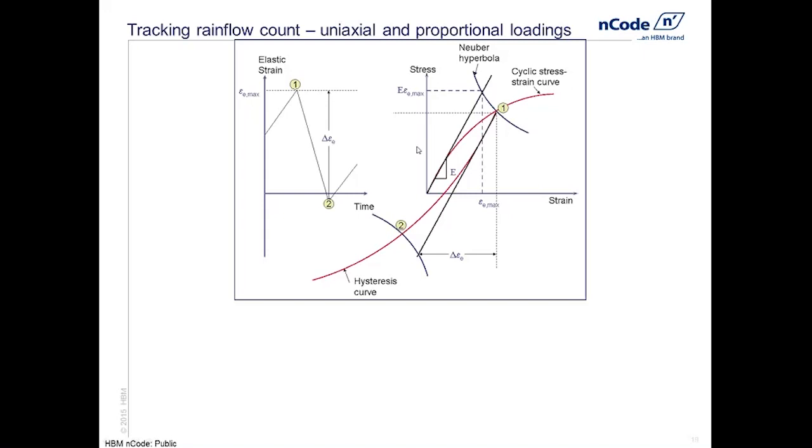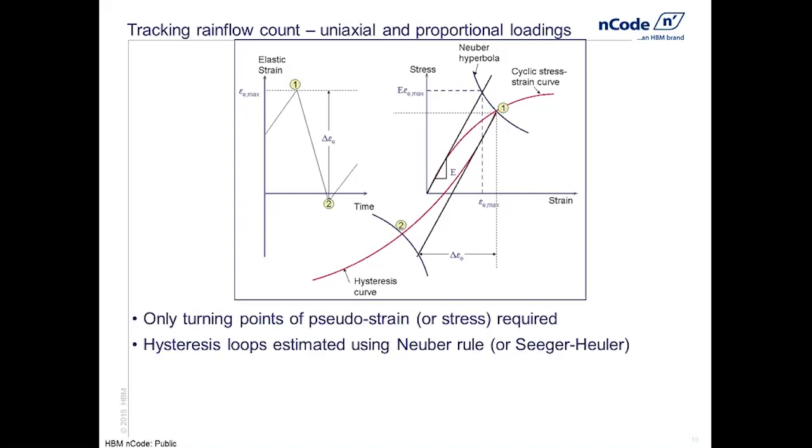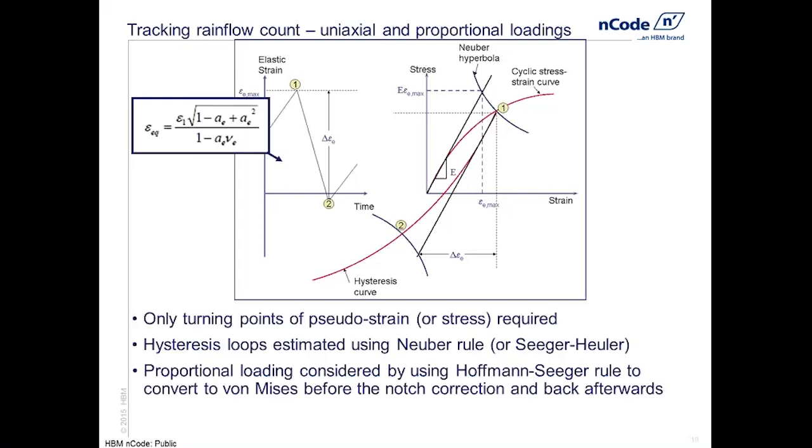There's a useful extension to this process which works for proportional loadings, and it's called the Hoffman-Seeger approach. So this starts from the same point, but now it uses the biaxiality ratio to calculate an equivalent strain based on whatever the cycle counted strain is.